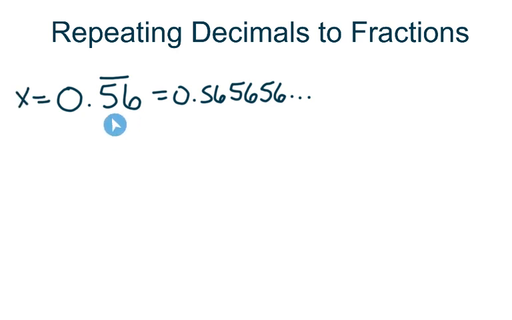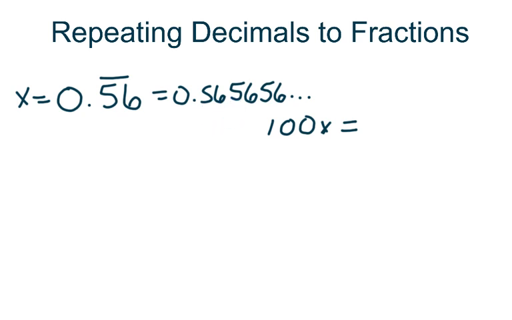Because we have two places that repeat, I need 2 zeros in my multiplier. So I am taking my original number and multiplying it by 100 because I need the 2 zeros.